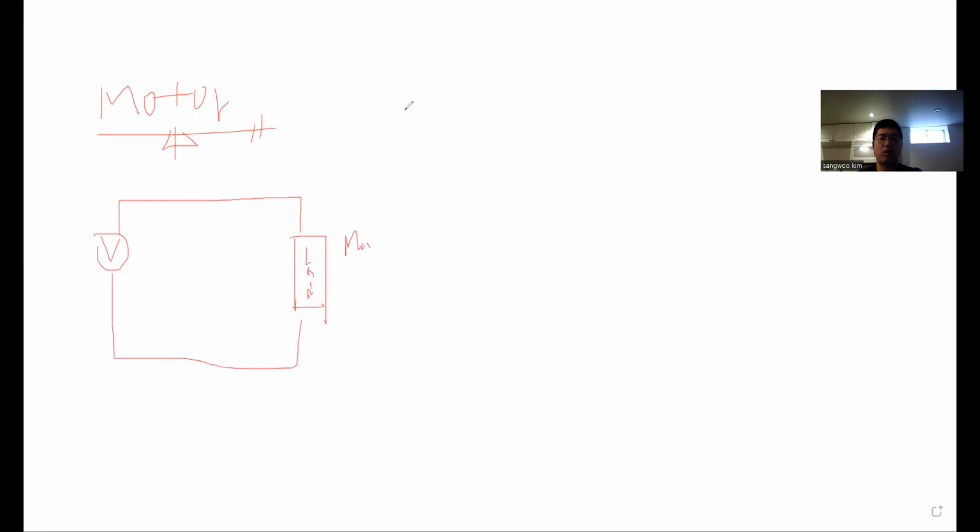I will change it a little bit. This is the generator, and then it goes to the motor, which we need to indicate as R and L. This is our general power system in the daytime.